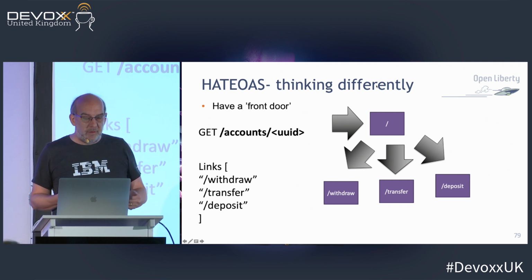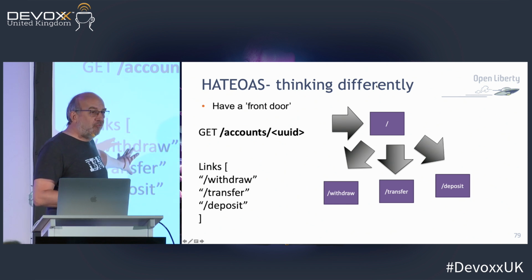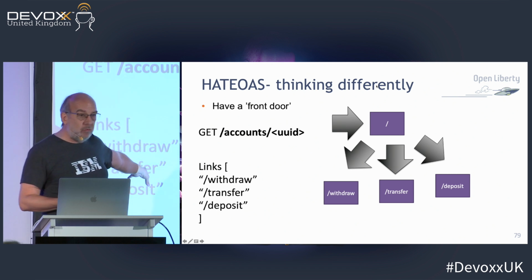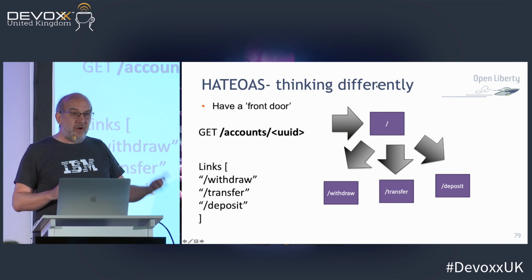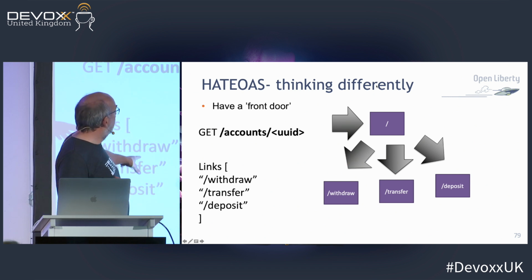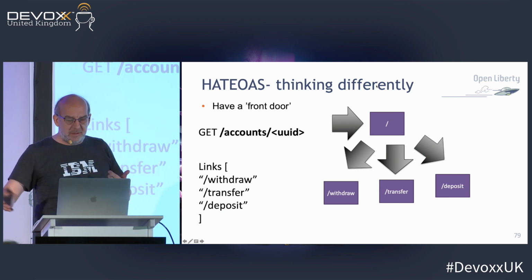You have a front door. And from that front door, you get back endpoints that are reasonable to be called for that activity. So if it's an account, I get some ones that I go, these are reasonable. Okay. The ones that I think are unreasonable, like closing the account, aren't on this list. There'll have to be another call to get access to that state.